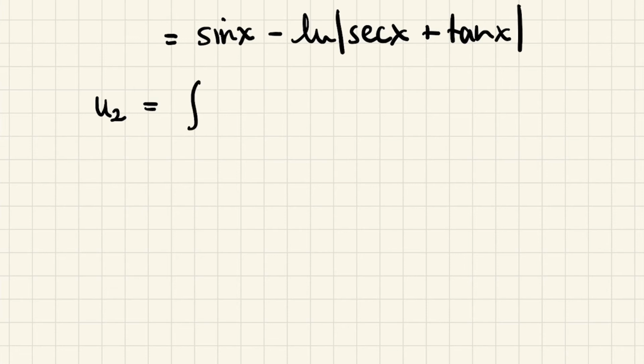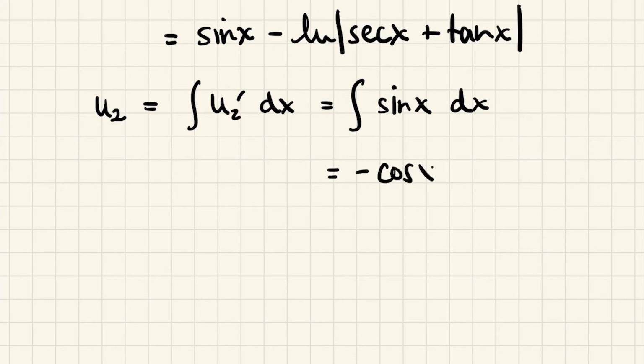u2 is, of course, found similarly. u2 prime was sine of x, so this will be considerably more straightforward. So u2 will be negative cosine of x. All right, so our particular solution is u1 times y1 plus u2 times y2.